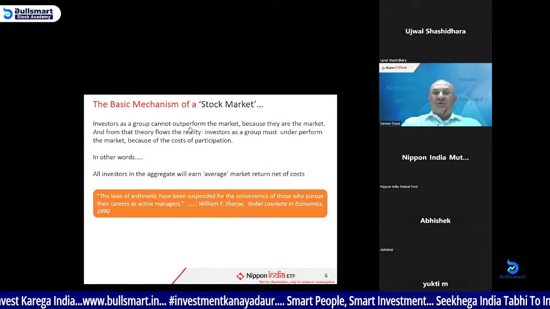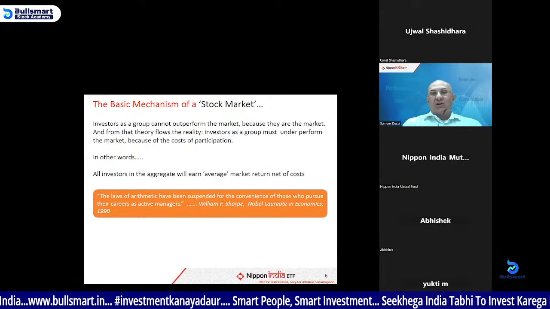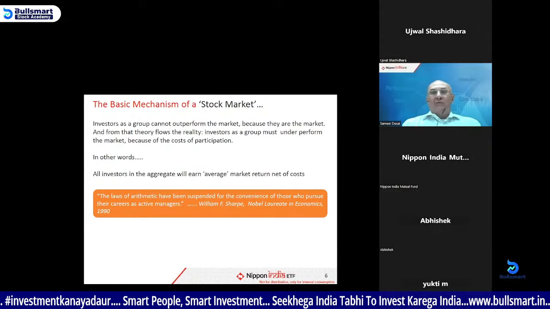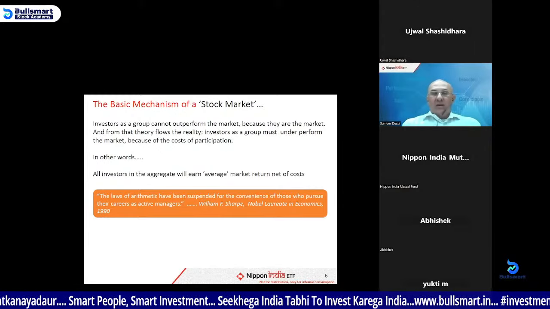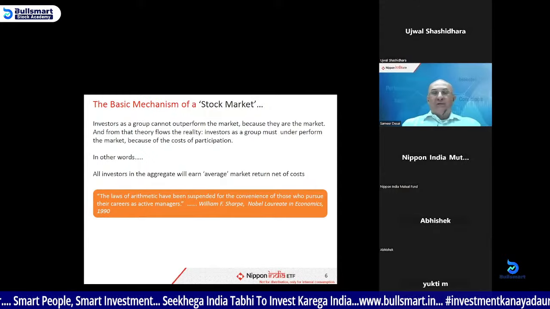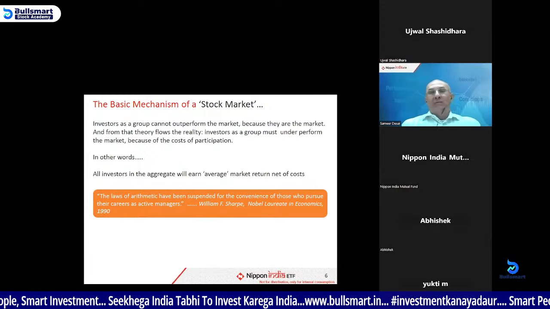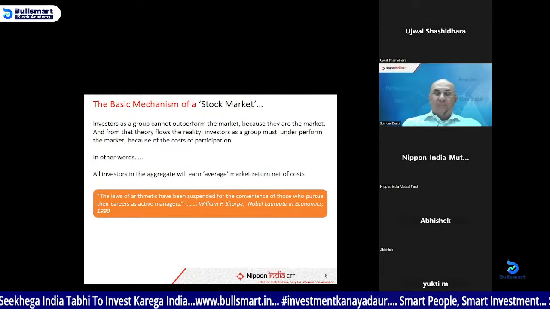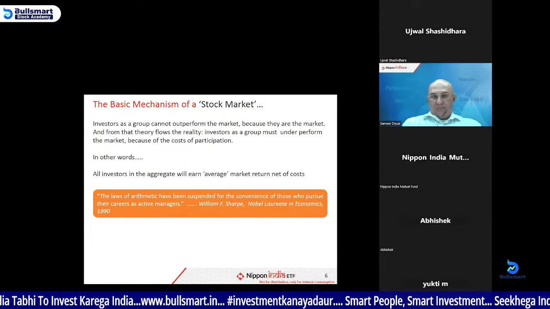To describe Professor William Sharpe's equation, let me use a simple analogy from the Mumbai local trains. During rush hour, a lot of commuters rush to catch window seats. Window seats are limited in number, so everybody will not get one. Some commuters got window seats on a particular day; they generated alpha.